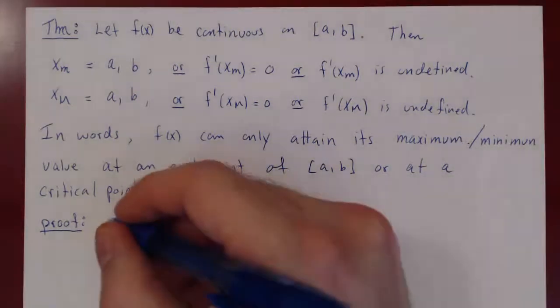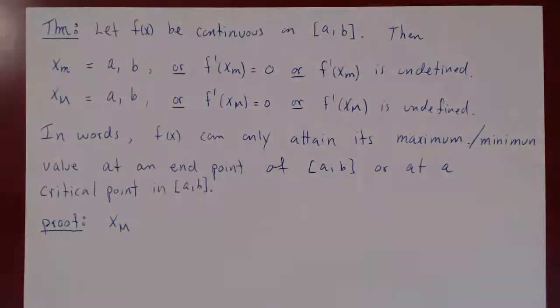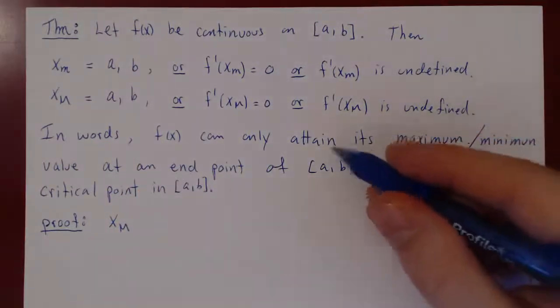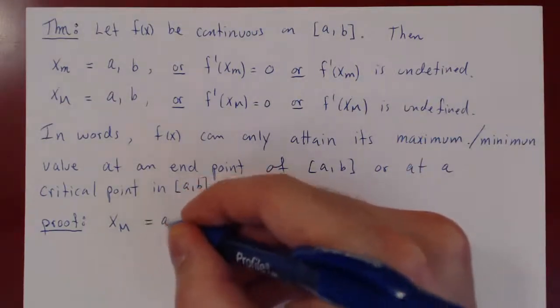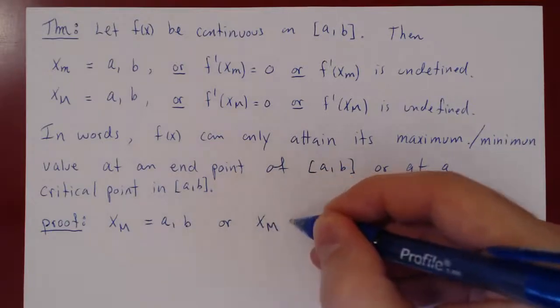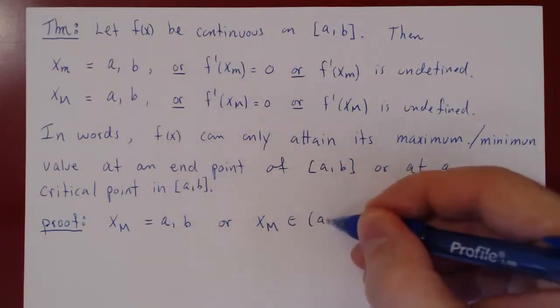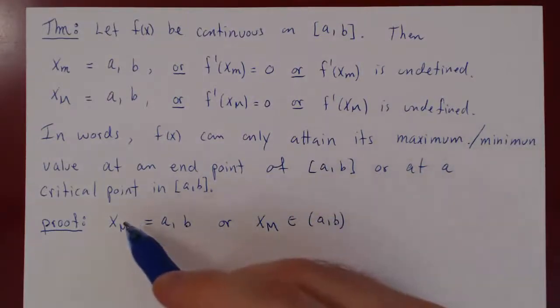Either our absolute maximum occurs at an endpoint of the interval or is inside the interval. So either xm is a, b, or xm lies inside of the open interval ab. Those are the only two possibilities, right?